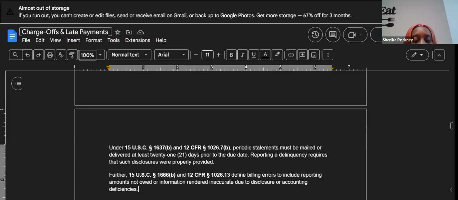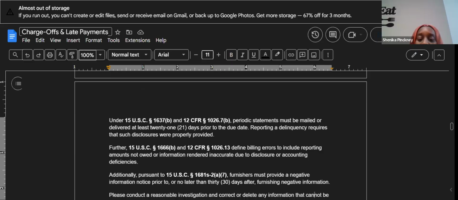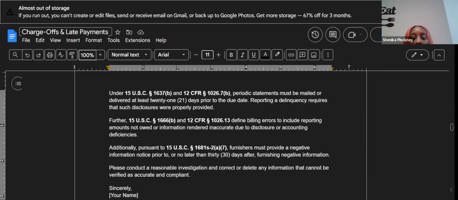Under 15 USC 1637(b) and 12 CFR 1026.7(b), periodic statements must be mailed or delivered at least 21 days prior to the due date. Reporting a delinquency requires that such disclosures were properly provided. Further, 15 USC 1666(b) and 12 CFR 1026.13 define billing errors to include reporting amounts not owed or information rendered inaccurate due to disclosure or accounting deficiencies.